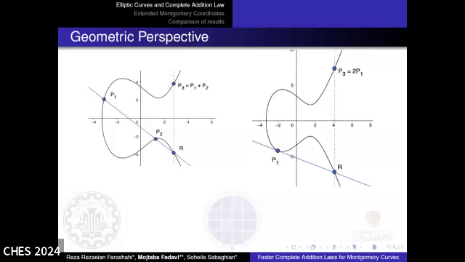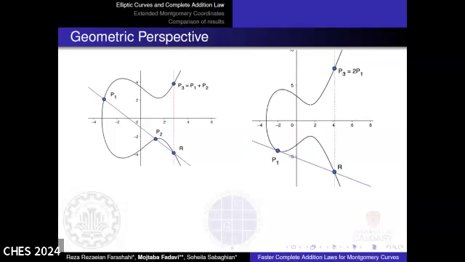First, let's have a geometric perspective toward this addition. Most of you know it, but let me quickly review it. We are given 2 points, P1 and P2.